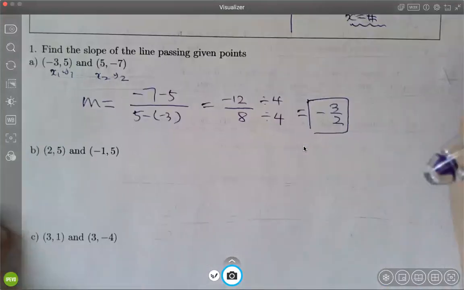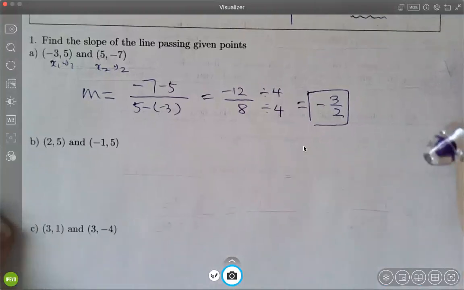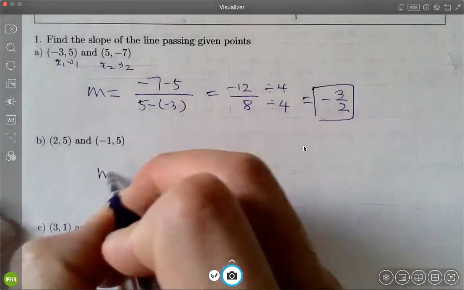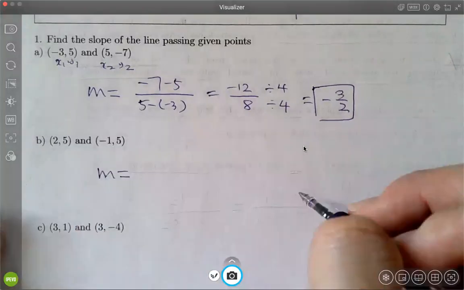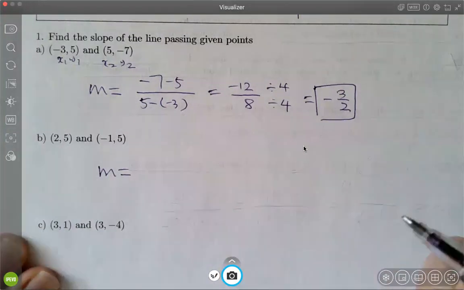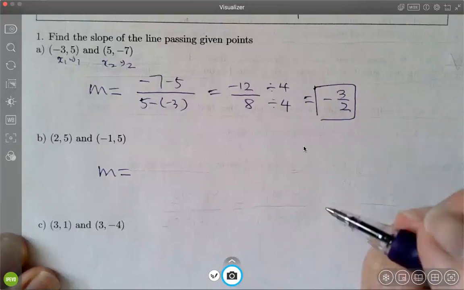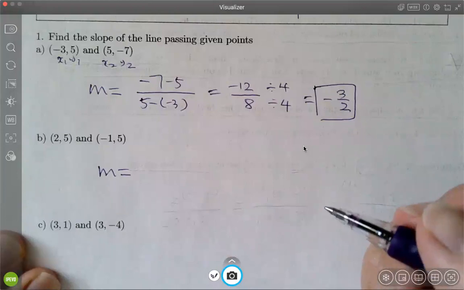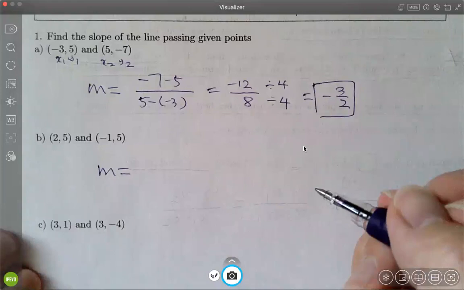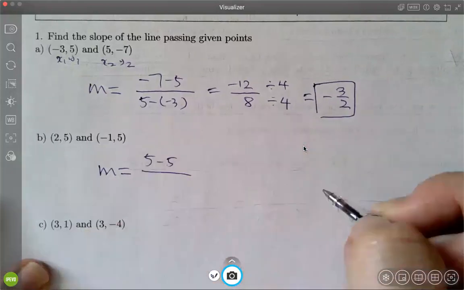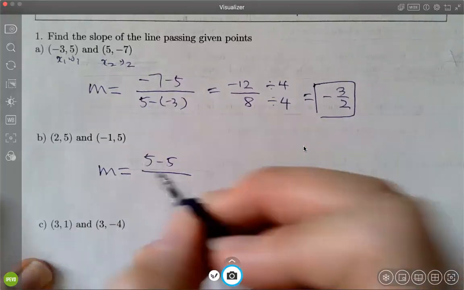And now, part B, (2, 5) and (-1, 5). Okay, so now, what is the top of the slope, the numerator? 5 minus 5. And what's the bottom? -1 minus 2. Okay, so it's 0 over -3.